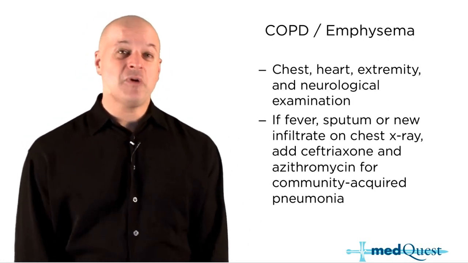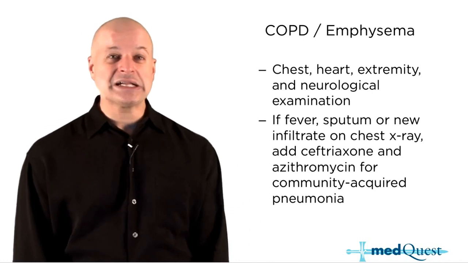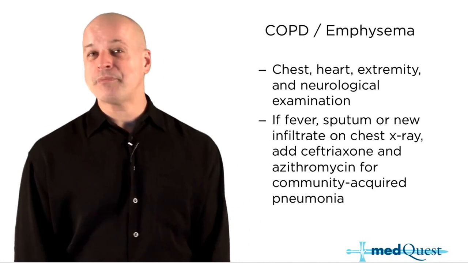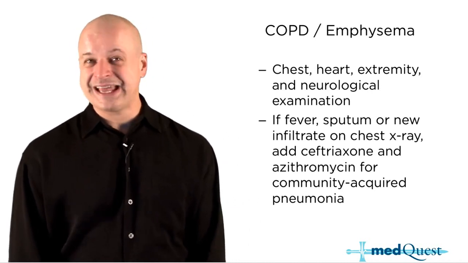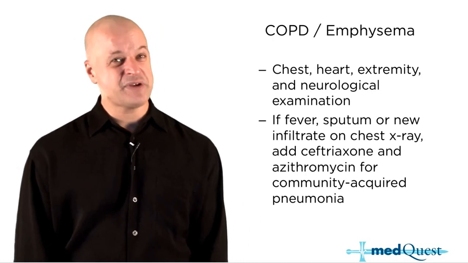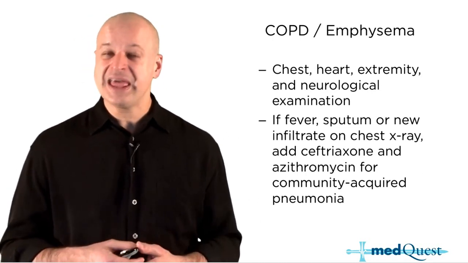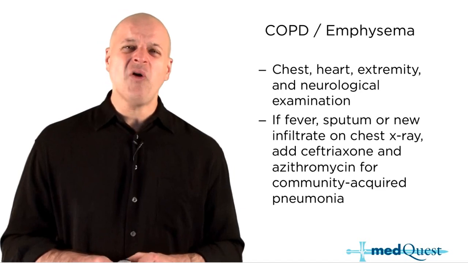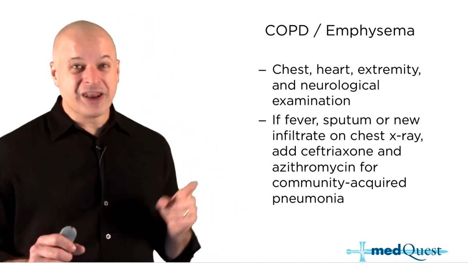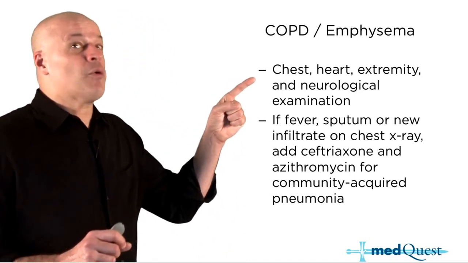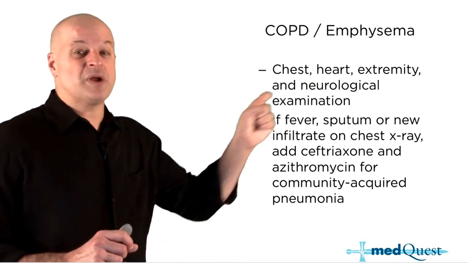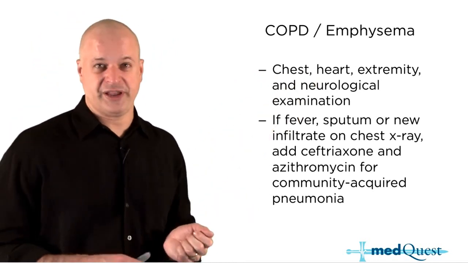Let me get some extra parts and I won't fail my test if I order more than the rest. Remember, no matter what the case is, you get 1 minute for the heart, 1 minute for the chest, 1 minute for the extremities, 1 minute for the neuro exam.